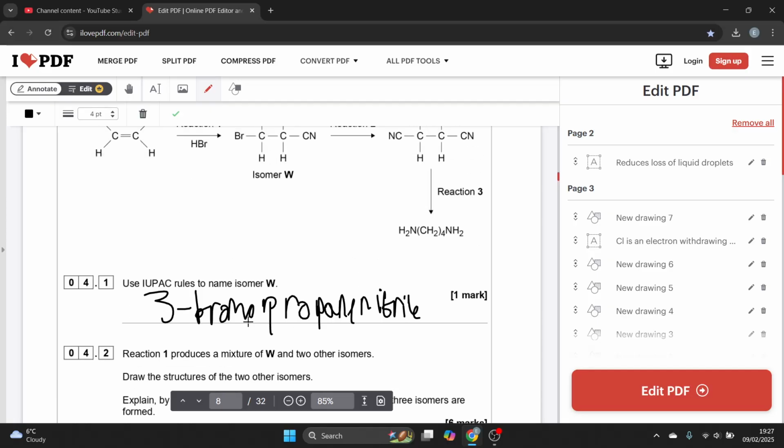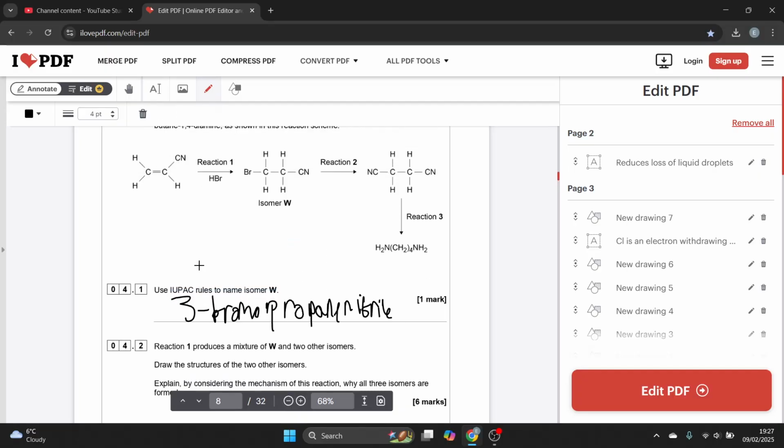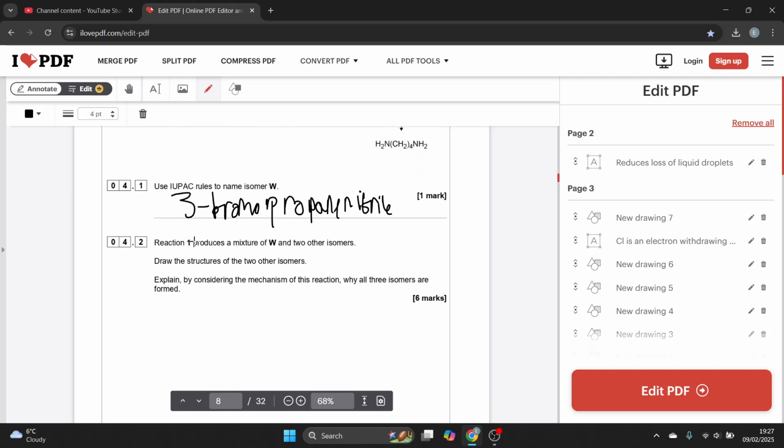Reaction 1 produces a mixture of W and 2 of the isomers. Draw the structures of 2 isomers, and explain by considering the mechanism of the reaction why all 3 isomers are formed.